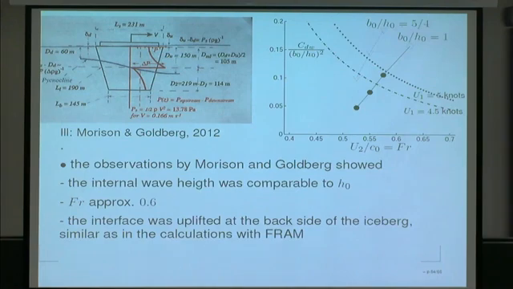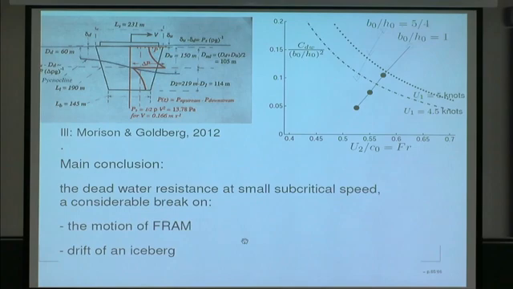The interface was uplifted at the backside of the iceberg, similar as in the calculations with the FRAM. So the main conclusion is that the dead water resistance at small subcritical speed with Froude number about 0.6, 0.5 provides a very considerable brake on the motion of FRAM and the drift of an iceberg.